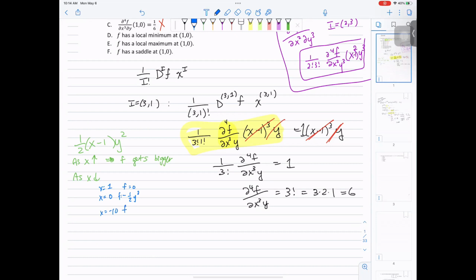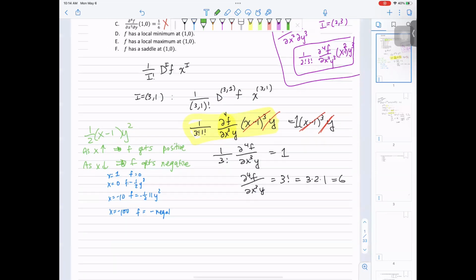We get that f is 1/2 negative 11 y squared. What if x is negative 100? So as we get more and more negative, f keeps getting more and more negative. So f gets negative. And instead of saying bigger, let me say positive. Okay, so that's the x behavior.